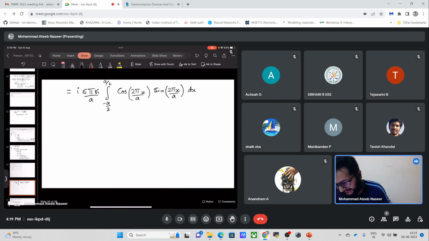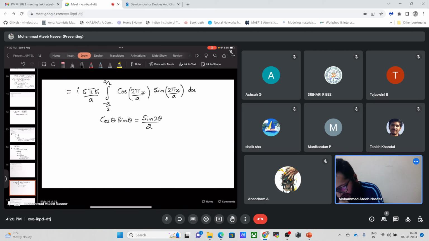Let's use this fundamental formula: sine 2 theta is equal to 2 times sine theta into cos theta.